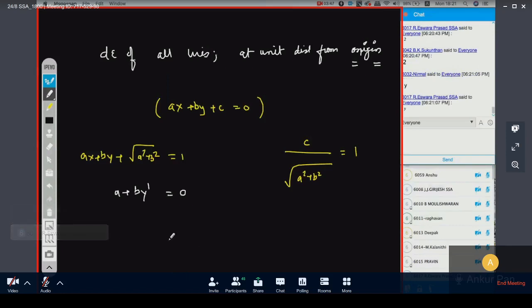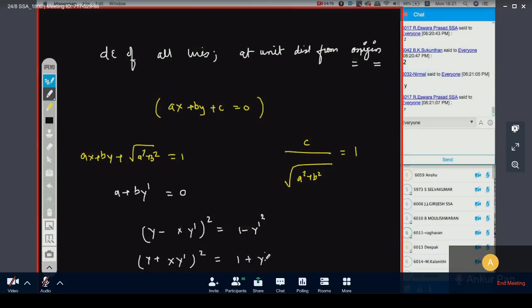The options are: y minus x y dash square equal to 1 minus y dash square. Okay. y plus xy dash whole square is equal to 1 plus y dash square.